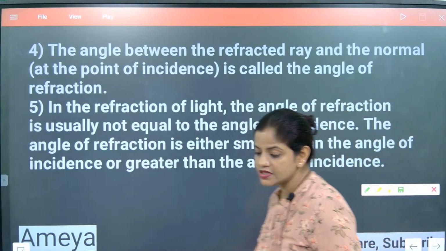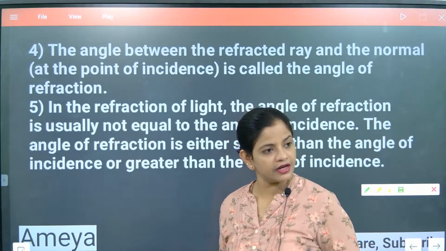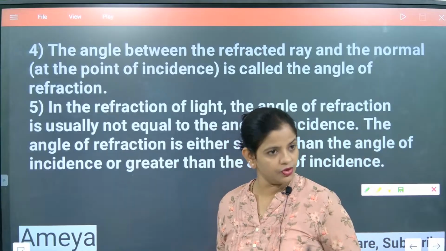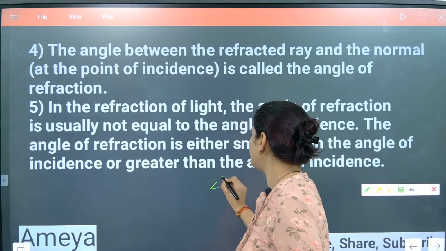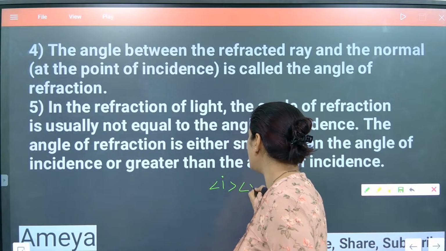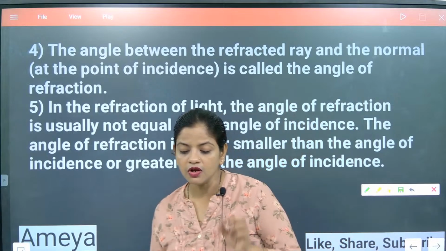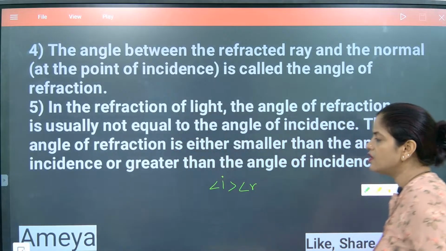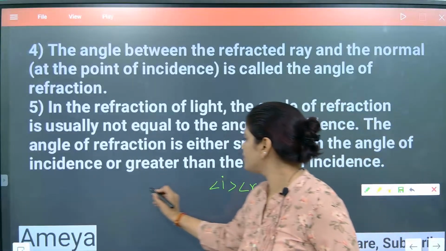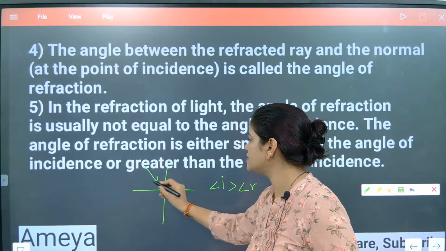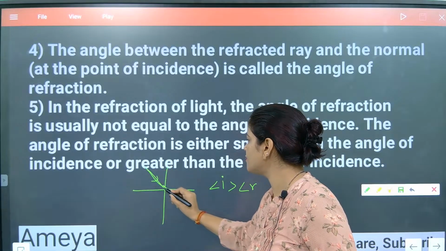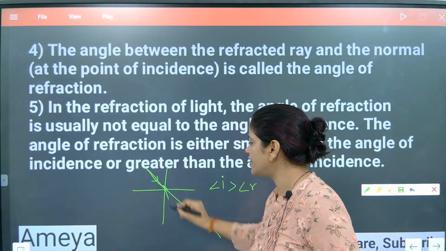In that, I have discussed that when the light is entering from a rarer medium to a denser medium, then the angle of incidence will be greater than the angle of refraction. Why, beta? The light ray is supposed to go like this, but it is bending like this.